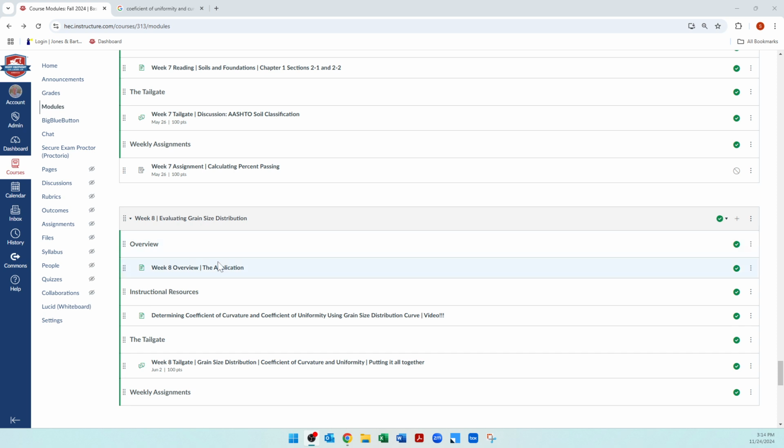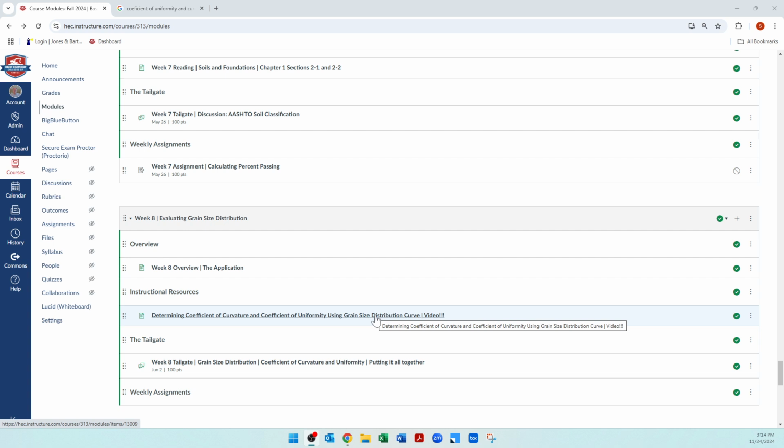The sizes will be reflected here in just a little bit when we determine the coefficient of curvature and the coefficient of uniformity using a distribution curve. So this video is going to show us how to determine and calculate these coefficients, and those coefficients are going to tell us something about the soil depending on the number.